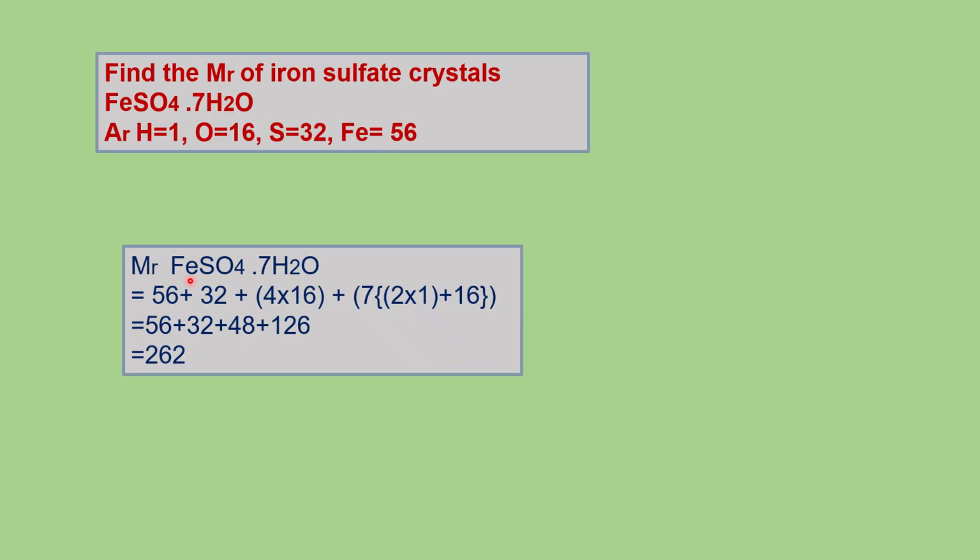So now 56 for iron, 32 for sulfur, 4 times 16 for the 4 oxygen atoms, plus 7 molecules of water. We have 2 hydrogens and 1 oxygen, which is 18, times 7. Then we do the addition and find the answer.